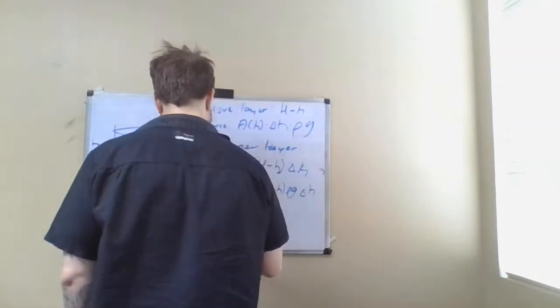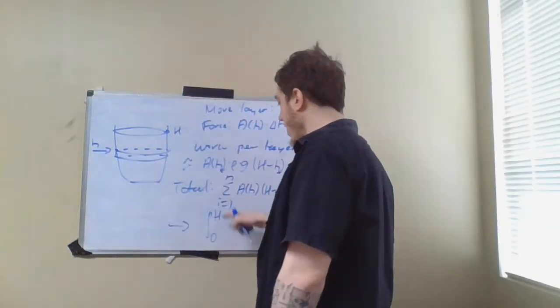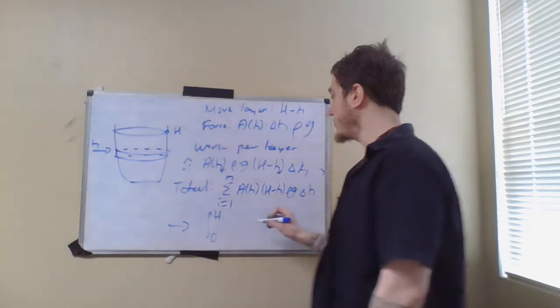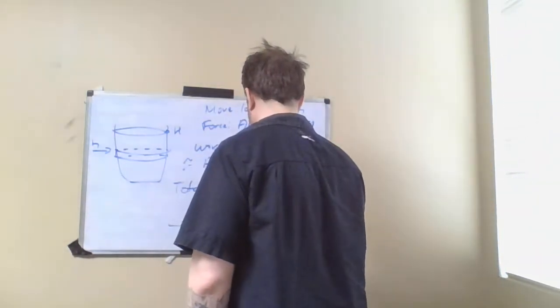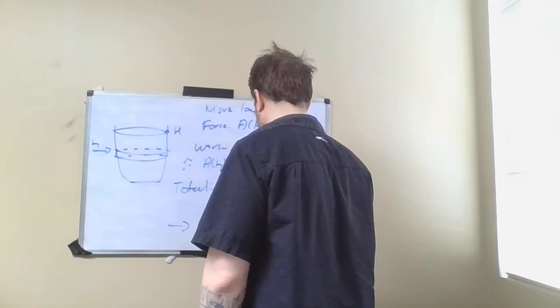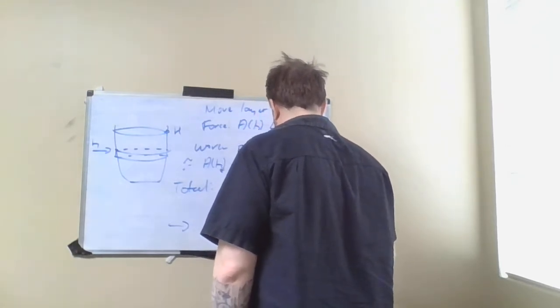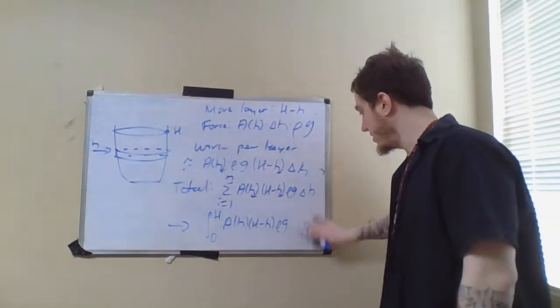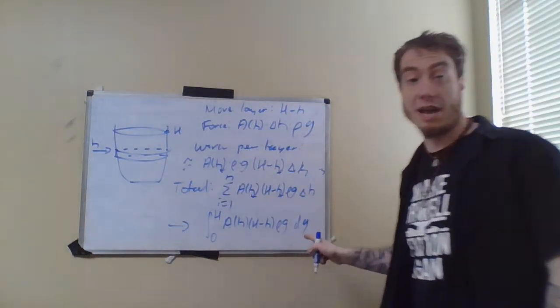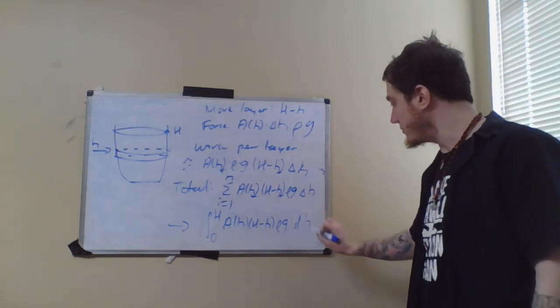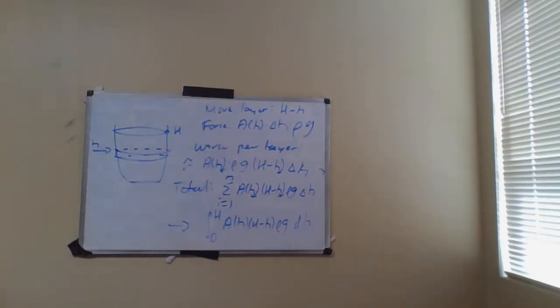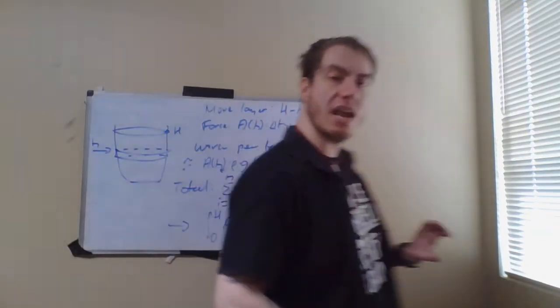In the limit, this is going to approach the integral from 0 up to the total height here, or however I choose to make my bounds, of A of h times capital H minus little h, rho g, dh, sorry, not delta h. We're doing the integral now, so it is the differential. Okay, I then wrote dg. dh is what we're looking for. Okay, so this is how we go about doing this.